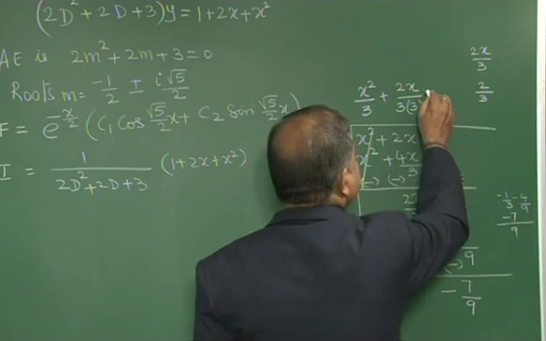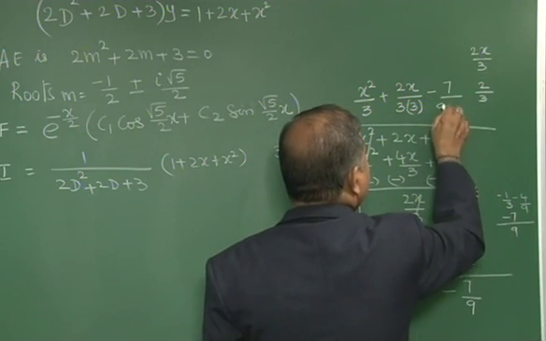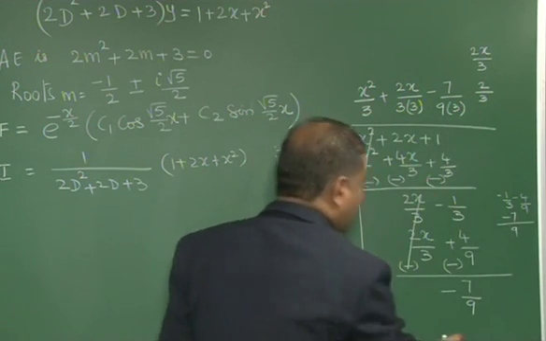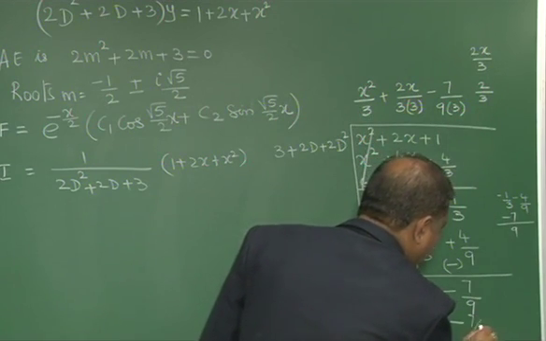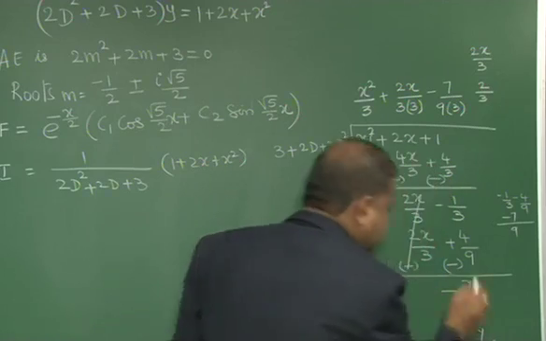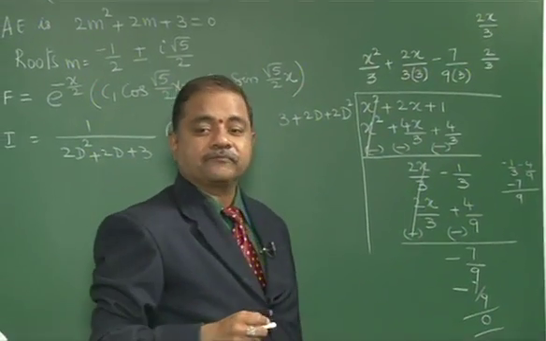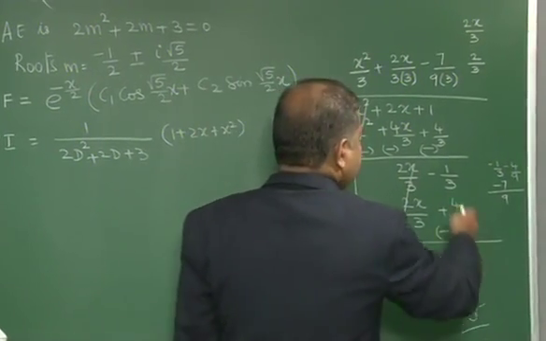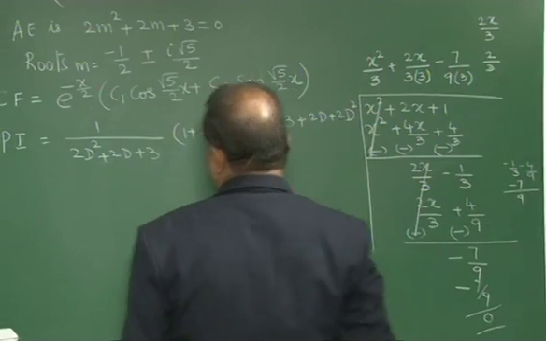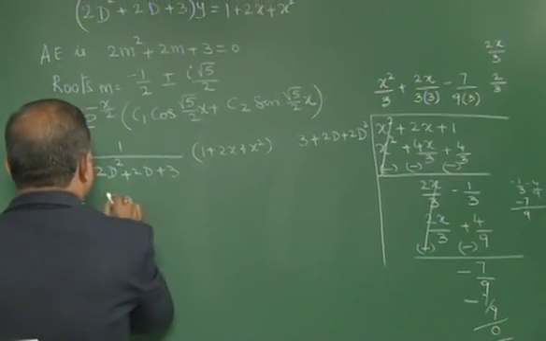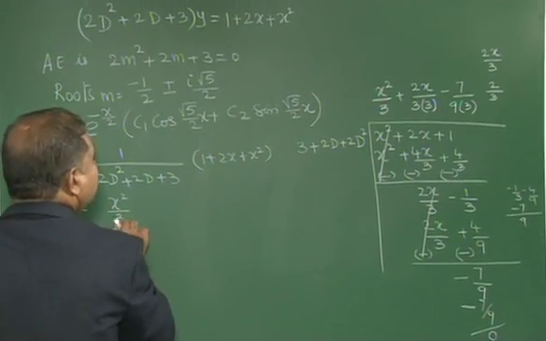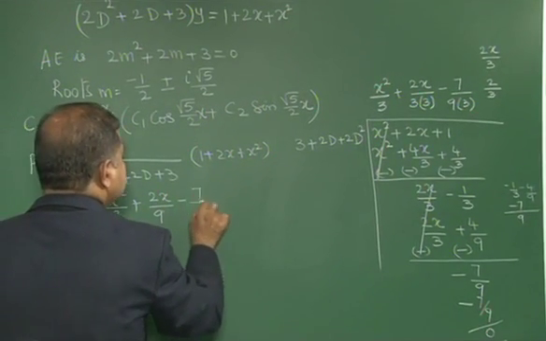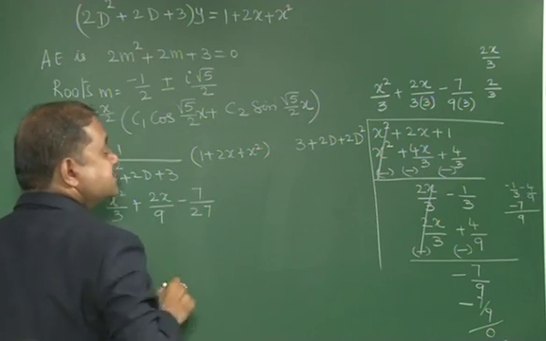Finally minus 7 by 9 into 3 again, 3 is again this coefficient, only one time it can be multiplied, 7 by 9, the last term is 0. Is it clear now? So this is how we should do. Now what is my particular integral? It is x square by 3 plus 2x by 9 minus 7 by 27.